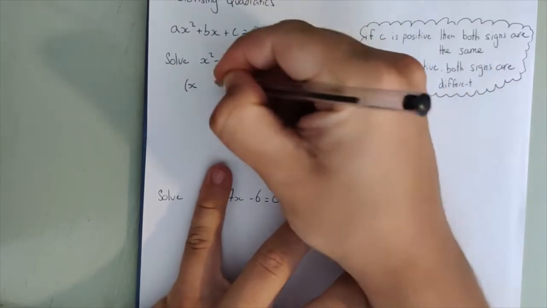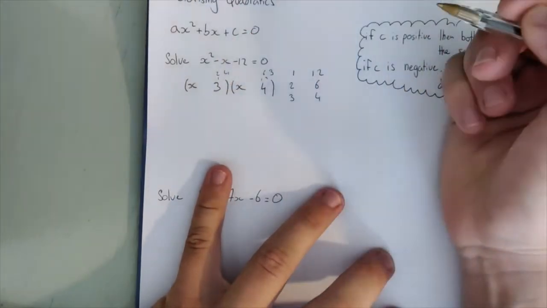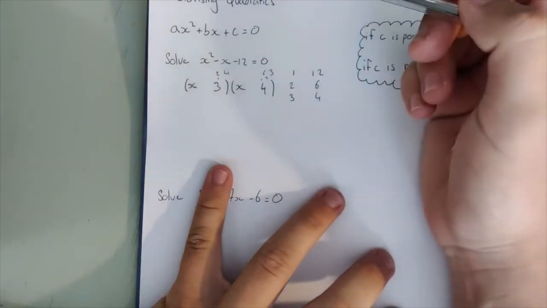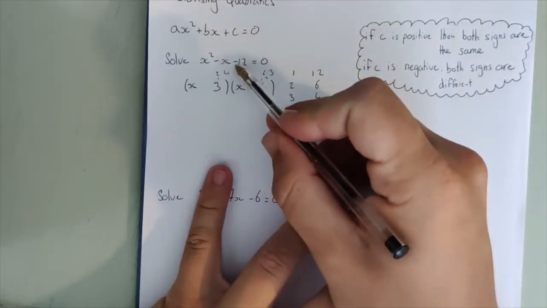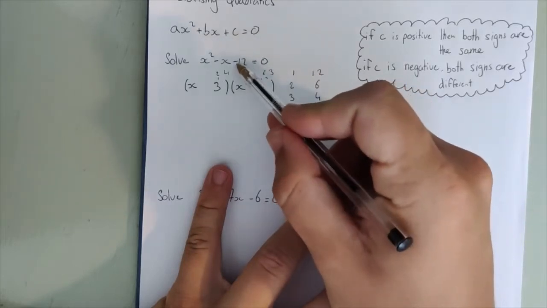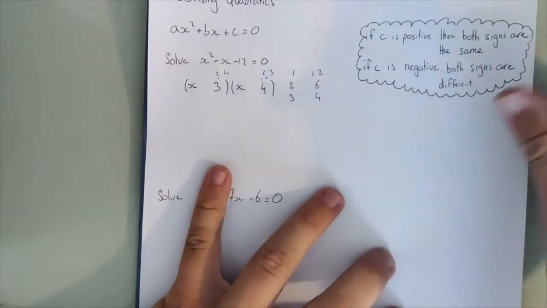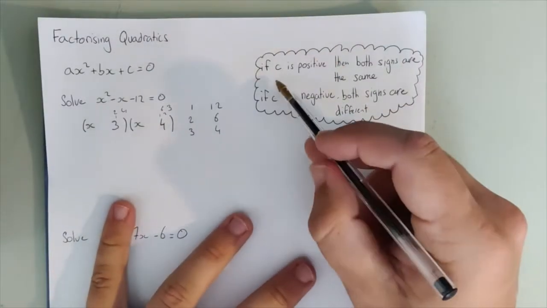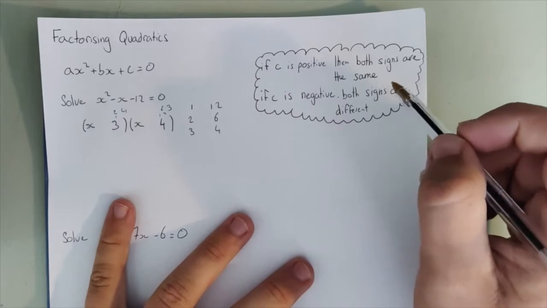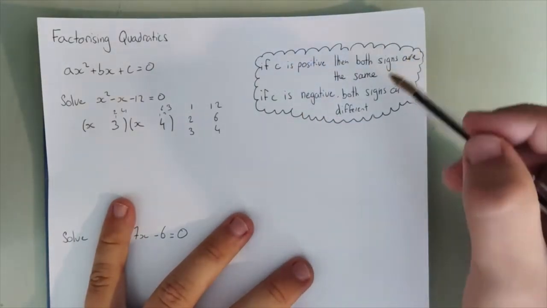So if we just put these in, because those are looking good, we then have to worry about the signs. I've made a little note here. If the c is positive, then both signs are the same, so they'll either be both positive or both negative.